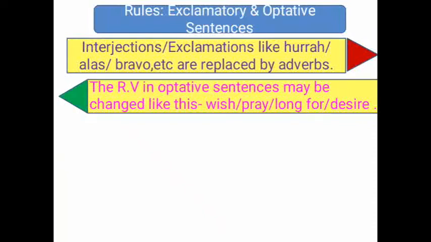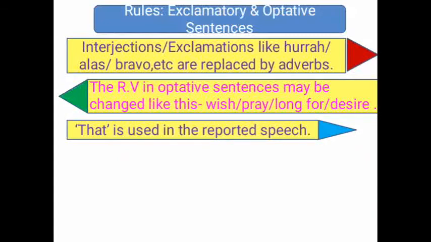The reporting verb in optative sentences may be changed like this: wish, pray, long for, and desire. So we use these verbs as the reporting verbs, and if there are any interjections or exclamations, these need to be removed in the indirect speech and replaced by the adverbs.